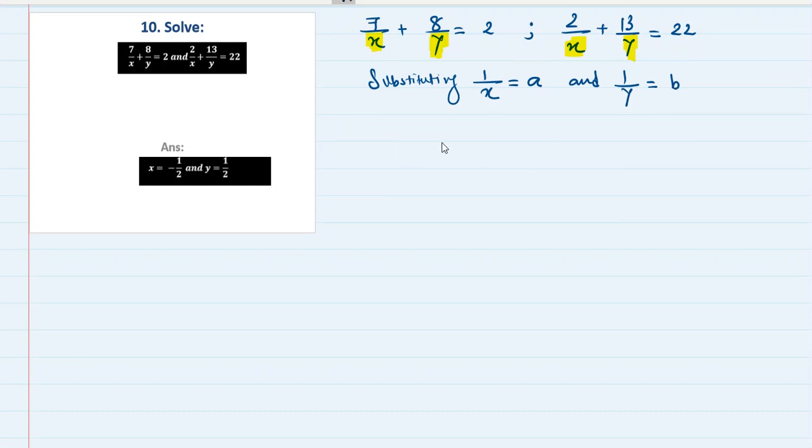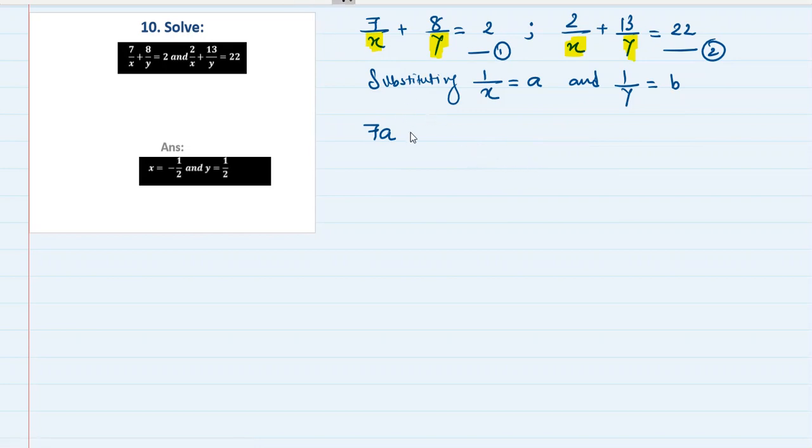So wherever there is 1 upon x, in the place of 1 upon x you will write a, and in the place of 1 upon y you will write b. So you will get the equations. See, these were equations 1 and 2. The new equations which you will get are 7a. 1 upon x became a, so 7 multiplied by a. Initially it was 7 multiplied by 1 by x, so we replaced 1 by x with a, so it became 7a.